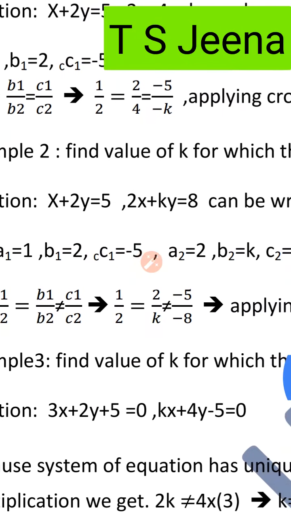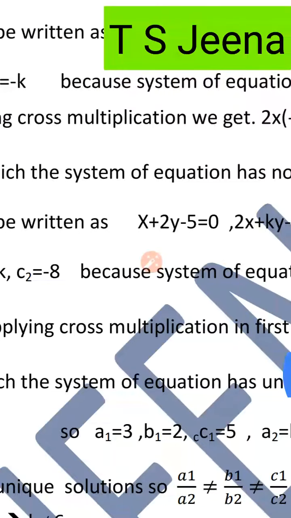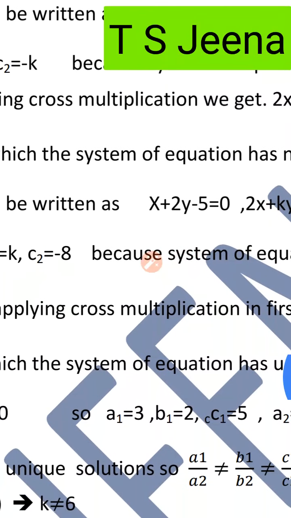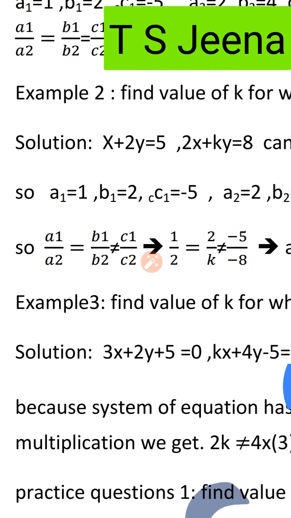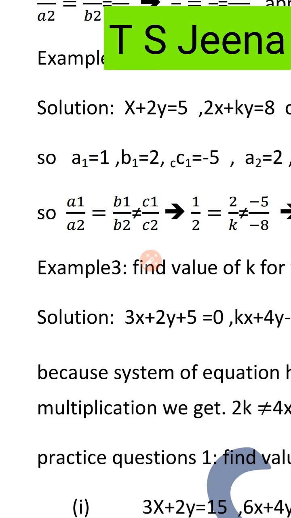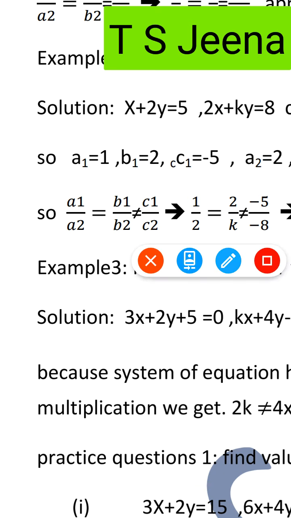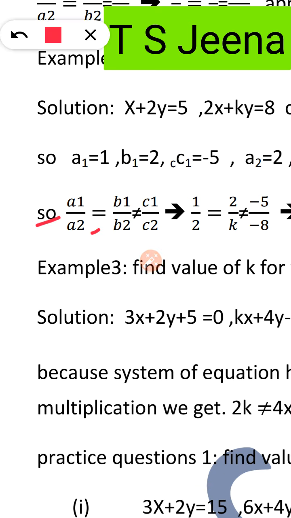Second, find the value of k for which the system of equations has no solution. Now here it is a condition of no solution, and in the no solution condition you know that a1 upon a2 is equal to b1 upon b2 but not c1 upon c2.